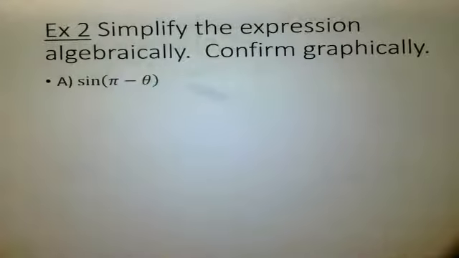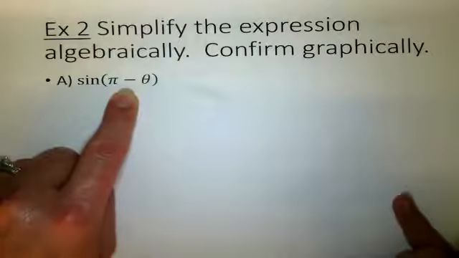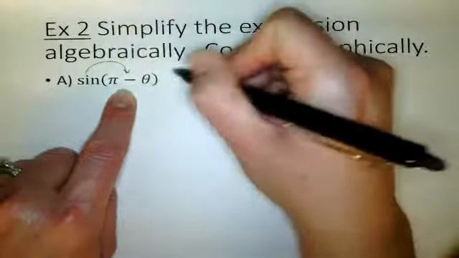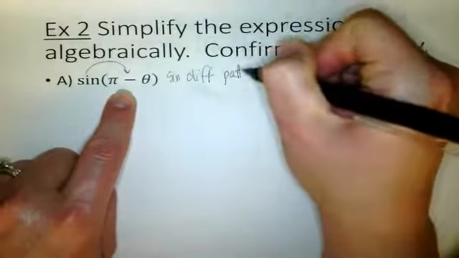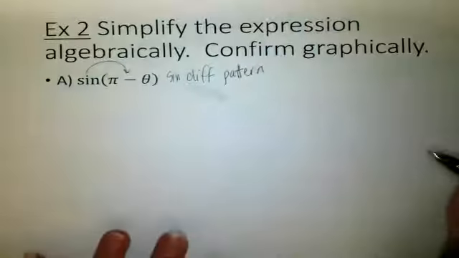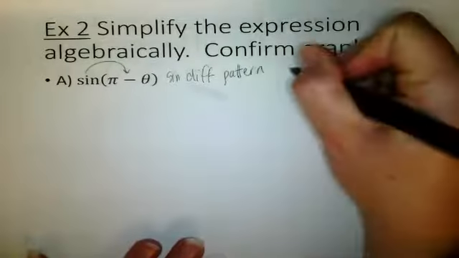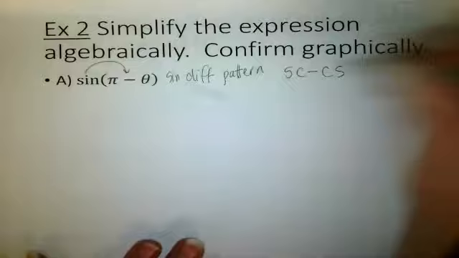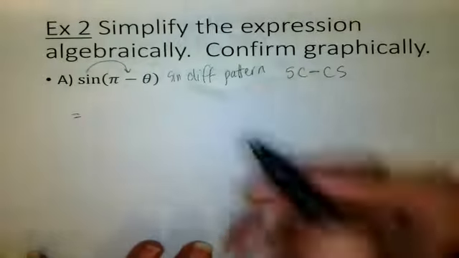Okay, confirm graphically. So again, here we have this expression, and it fits the sine difference pattern. What is the sine difference pattern? Sine, cosine, cosine, sine. Keep the sign. Okay, so we're going to go ahead and expand.